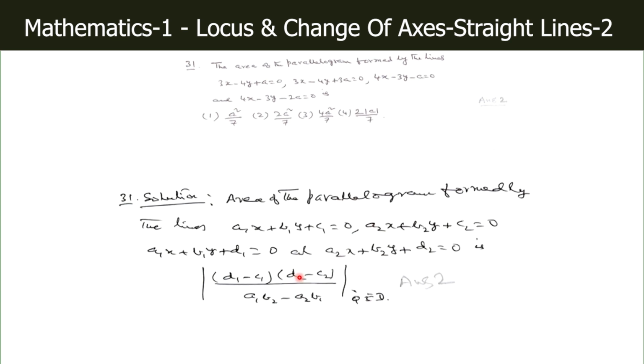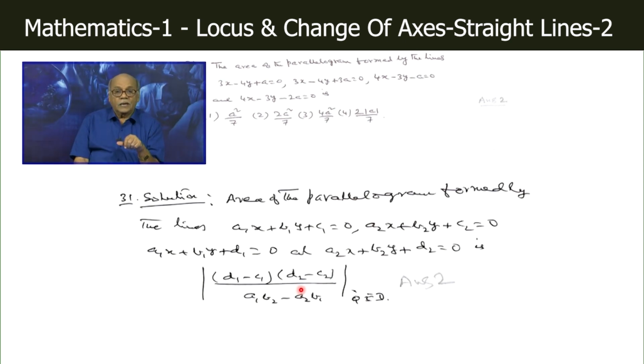d1 minus c1 means the difference of the constant terms of two parallel sides, multiplied by the difference of the constant terms of the other two parallel sides, by whole by a1 b2 minus a2 b1, which means x coefficient of first equation into y coefficient of second equation minus x coefficient of second equation into y coefficient of first equation.